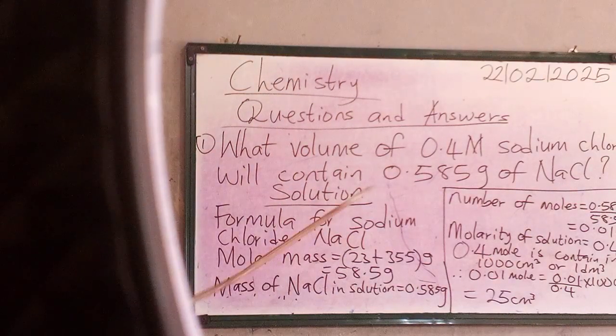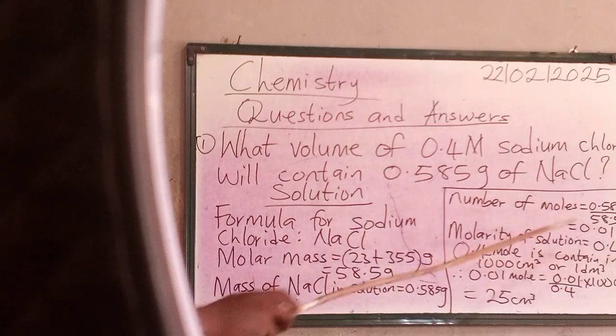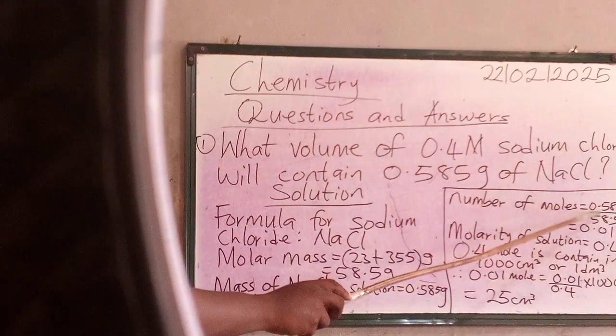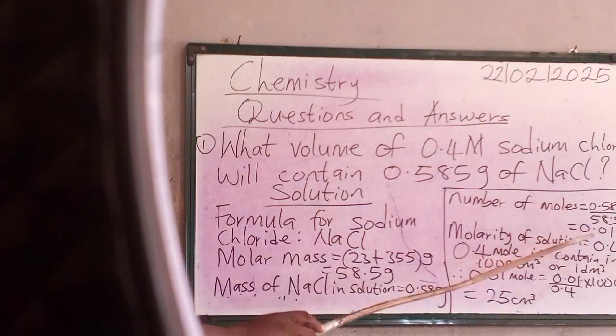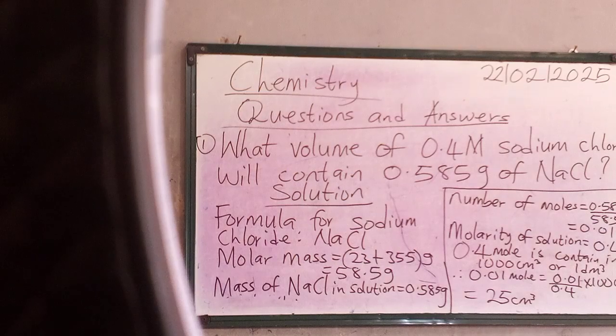The mass of the sodium chloride is 0.585, and the molar mass, which we got by adding the mass number of sodium and mass number of chlorine, gave us 58.5. So we are going to divide 0.585 by 58.5, which is going to give us 0.01. That's the number of moles.